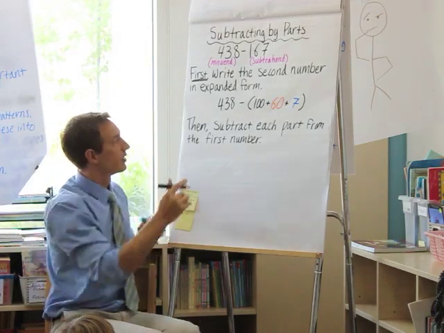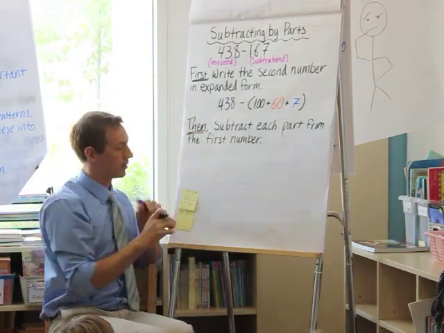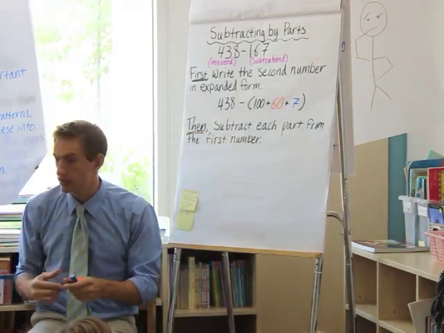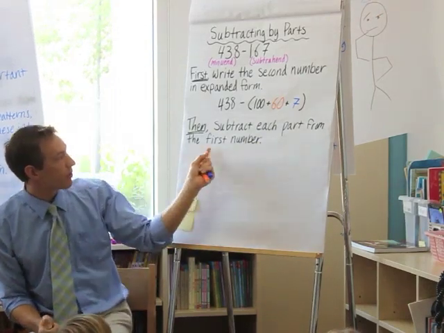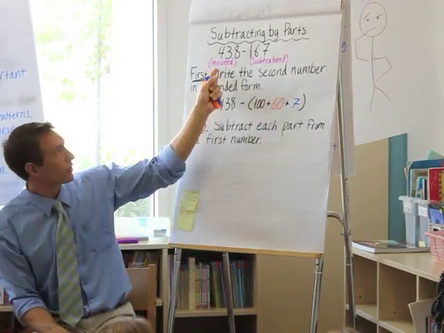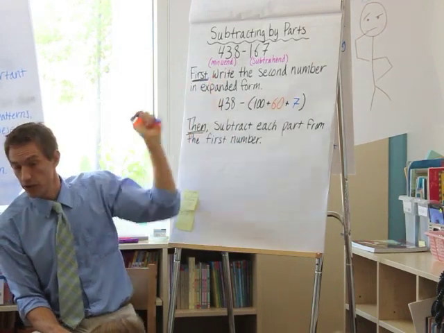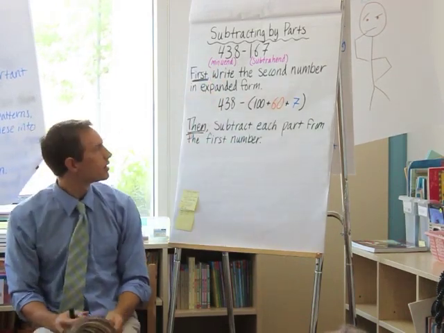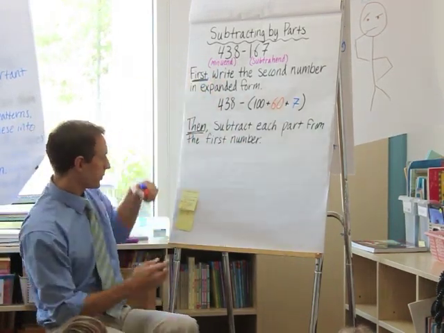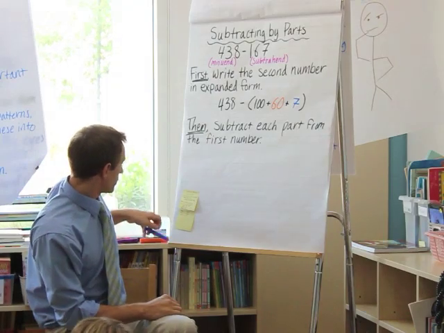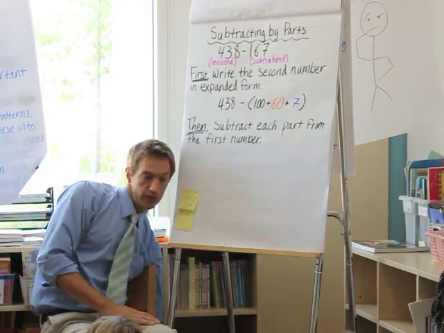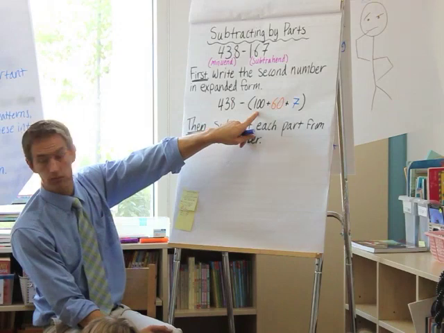Okay. Then subtract each part from the first number. I just called it the first number so that you don't have to remember. It's kind of a difficult word. Okay. Well, let's continue. Let's start with the hundreds.